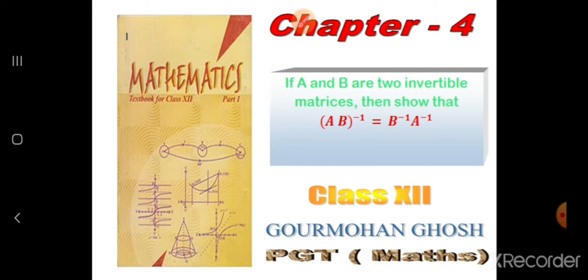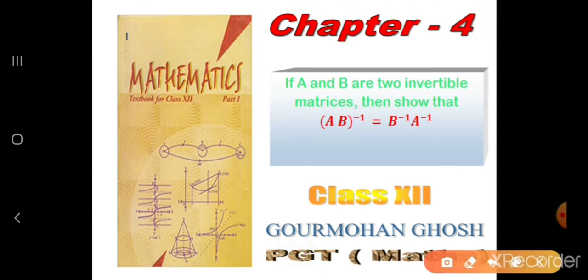Now in this section we discuss one of the important properties of inverse of matrices.